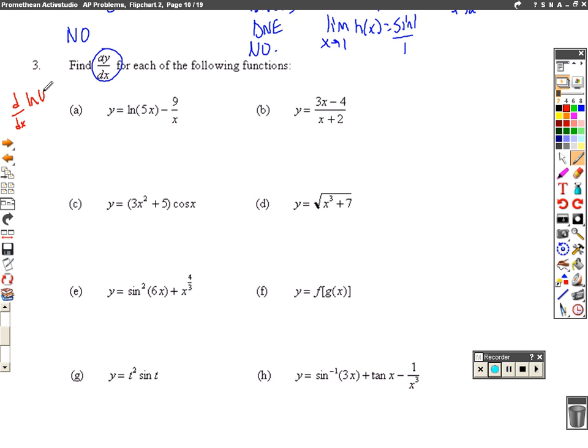the weird thing about the natural log of u is that d dx of ln of u is equal to 1 over u times u prime, or u prime over u, some people say. Okay, and also over here we're going to use the power rule.